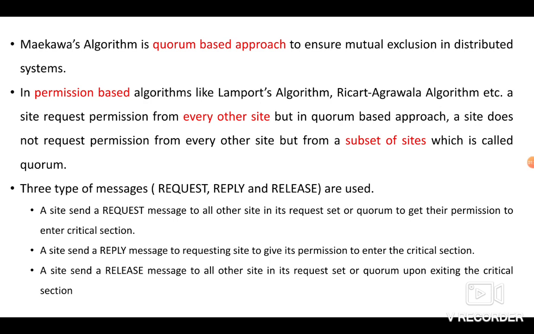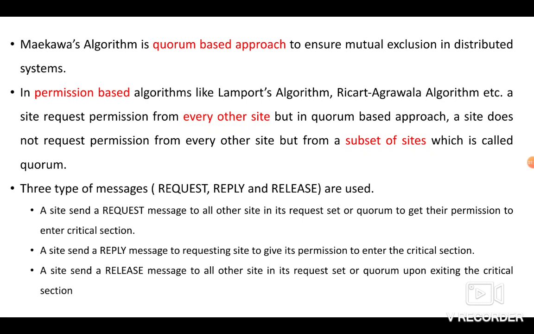We know that an example of a permission based algorithm is the Lamport algorithm, and an example of a token based algorithm is the Suzuki-Kasami broadcast algorithm. Here, for the quorum based approach, the example algorithm is Maekawa's voting algorithm.